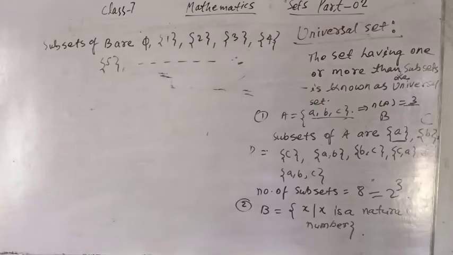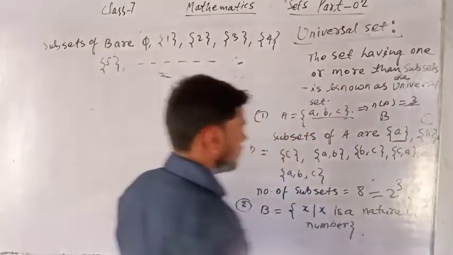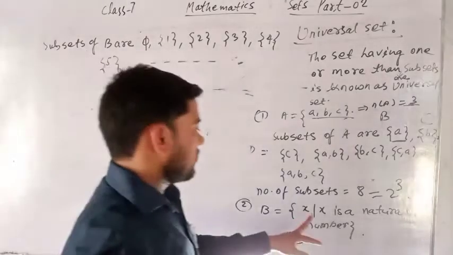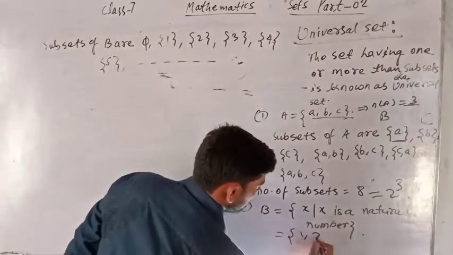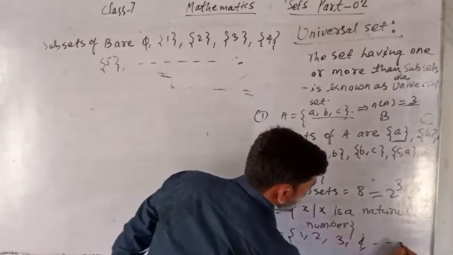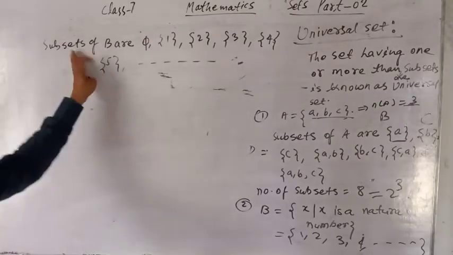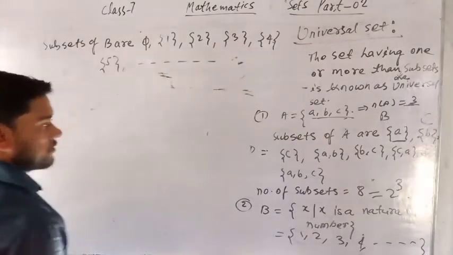There are so many subsets because there are infinitely many natural numbers. It means counting numbers. Here all counting numbers are there: 1, 2, 3, 4, dot dot. It is an infinite set, so the number of subsets is also infinite. There are infinitely many subsets.